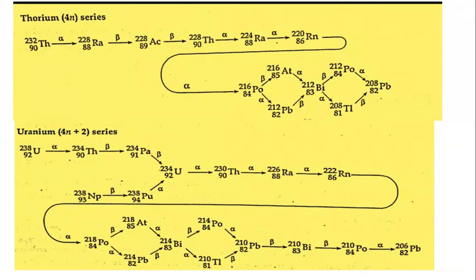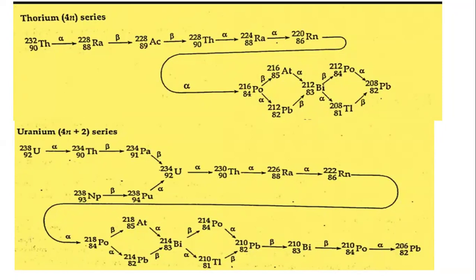In beta disintegration, the mass is the same, but the atomic number increases by 1 unit. That's why 89, again beta, and thorium 90, again alpha. The mass decreases by 4 units, 224. That is the radium.